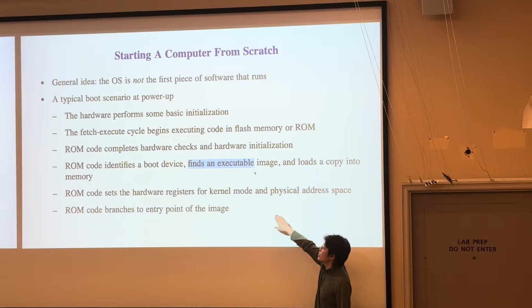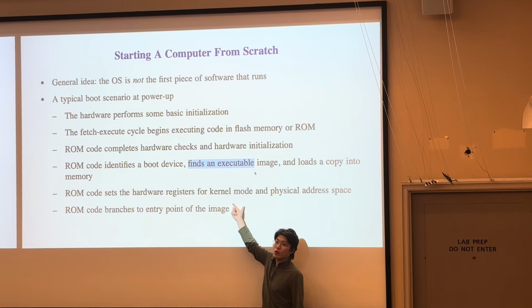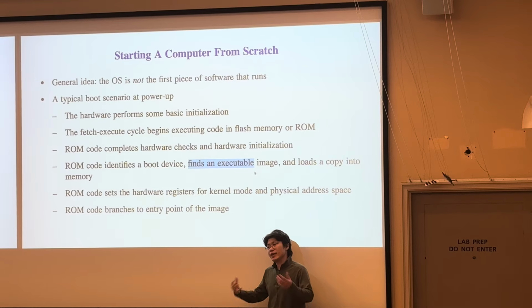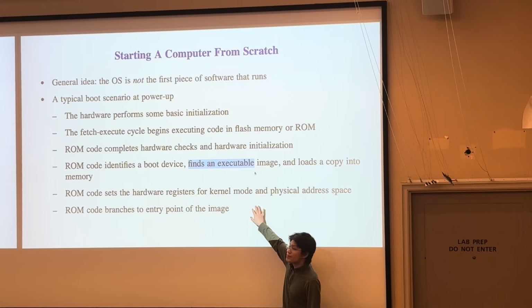It sets the hardware registers for kernel mode, because the OS typically starts in a special mode called kernel mode. After the OS finishes its initialization, it will lift itself to user mode so that the user programs can run. But before that, it's in kernel mode.